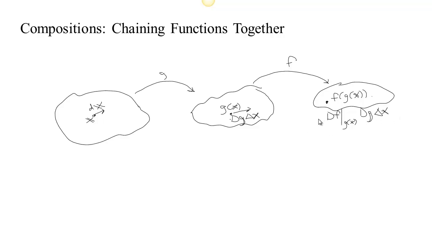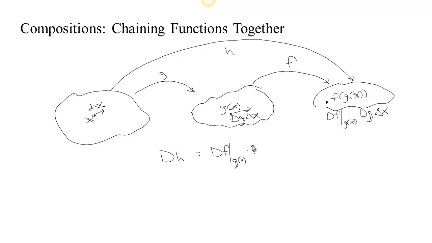That will be our derivative. If we call this whole composition h, using g and then f, then the total derivative of h is going to be the total derivative of f evaluated at g of x times the total derivative of our function g.